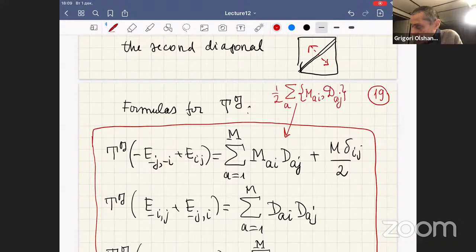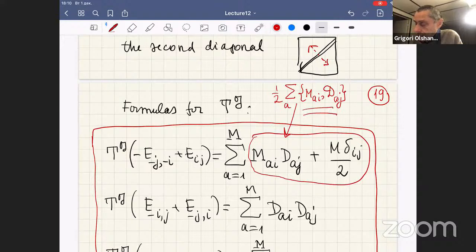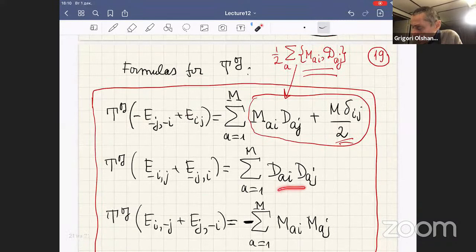So in some more symmetric form, this expression is the same as 1/2 of the anti-commutator of this. And this extra term appears from the commutation relations of these M and D operators. And here there is no problem, there is no extra term, just a quadratic expression in the D operators and minus a similar quadratic expression in the M operators.